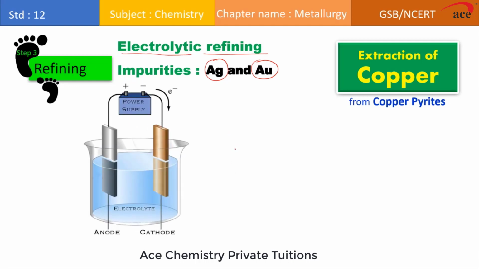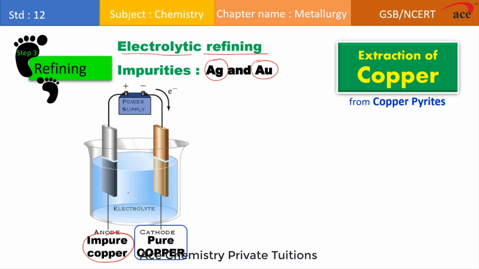For electrolytic refining, we require an electrolytic cell. If you will see, in this case, anode and cathode are both made up of copper, but the anode is made up of impure copper, that is blister copper, and the cathode consists of a thin strip of the pure metal. So please remember, student, anode and cathode are both made up of the same metal.